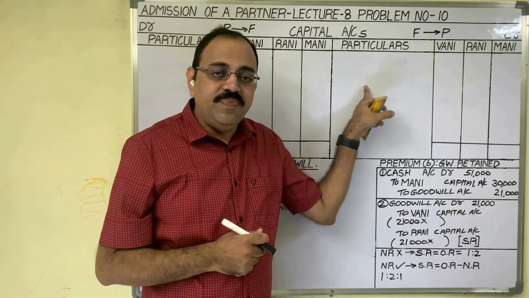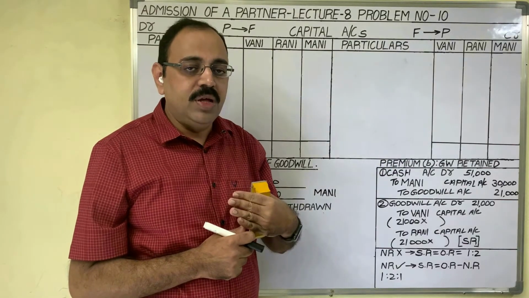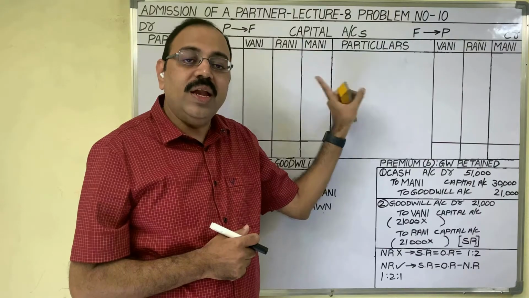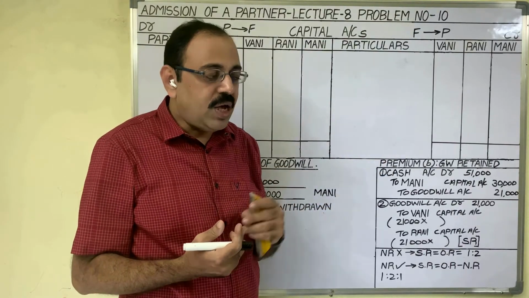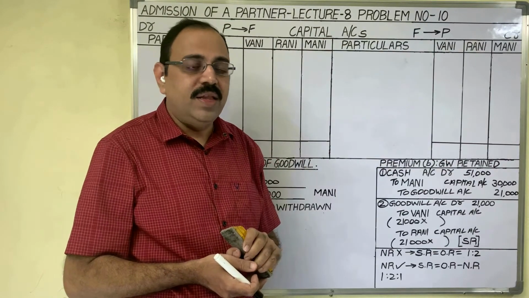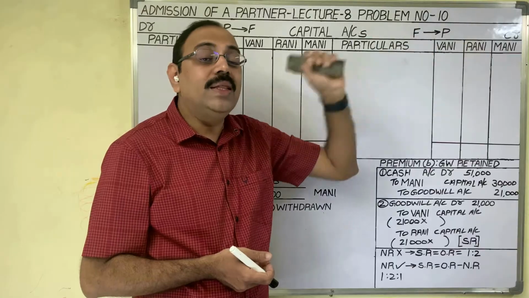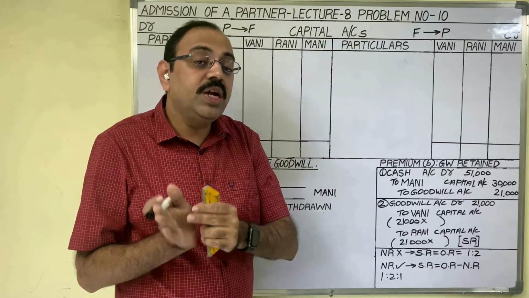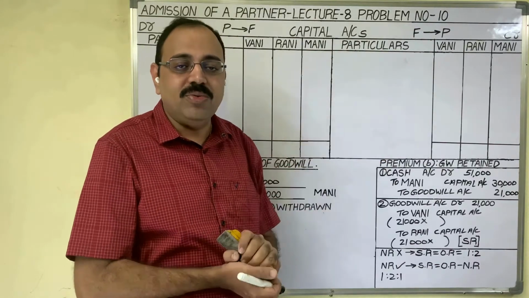Credit the giver means if the partner has given any benefit to the firm, that amount appears on the credit side. Suppose the partner is retiring, then the firm should return that benefit to the partner. So at the time of retirement, the amounts which a firm should return to the partner, we show on the credit side of capital accounts.